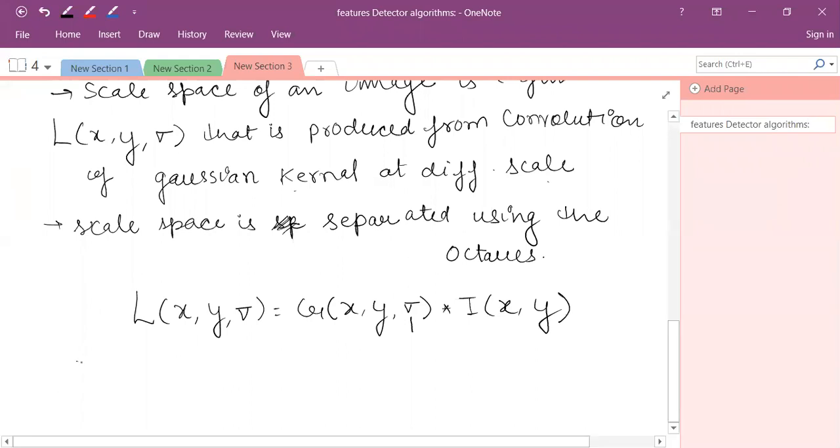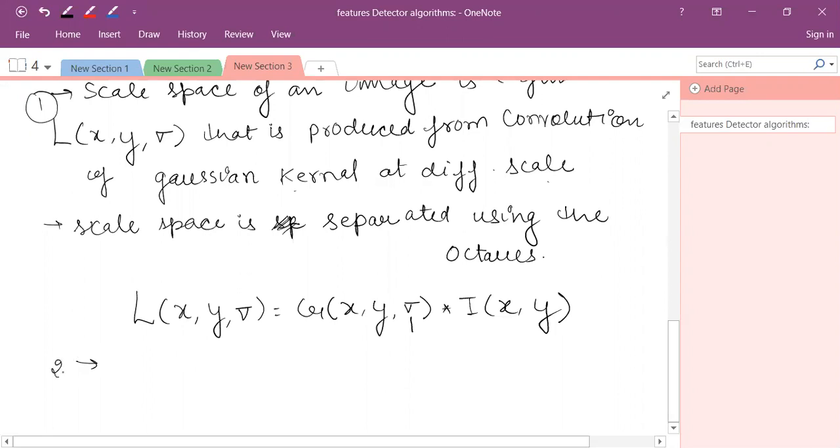So within the octave, you can see the images are continuously, or you can say progressively, blurred using the Gaussian blur operator. So this is the first step, the scale space peak selection.